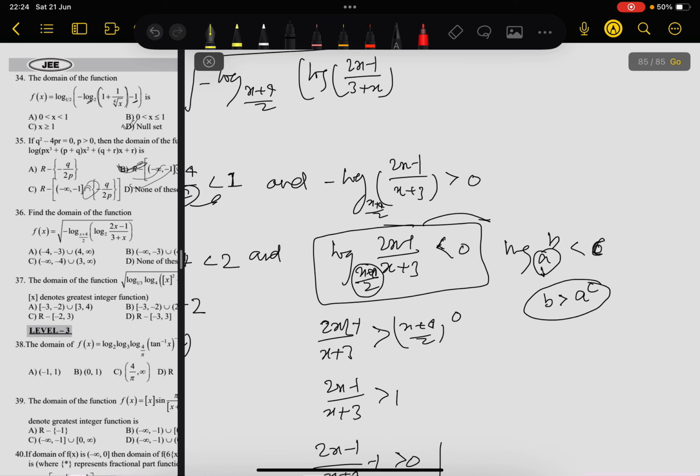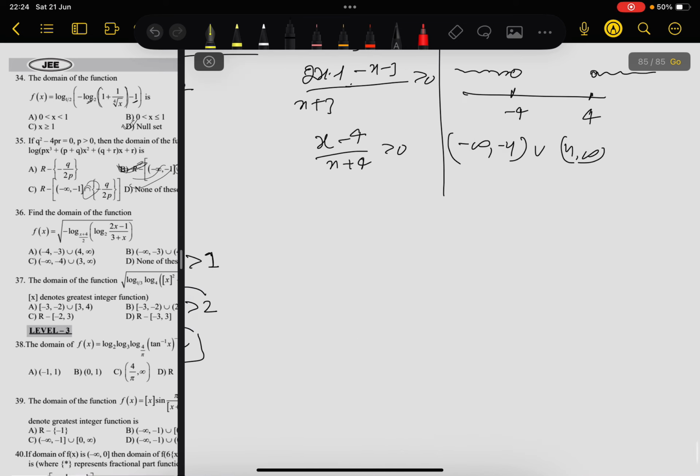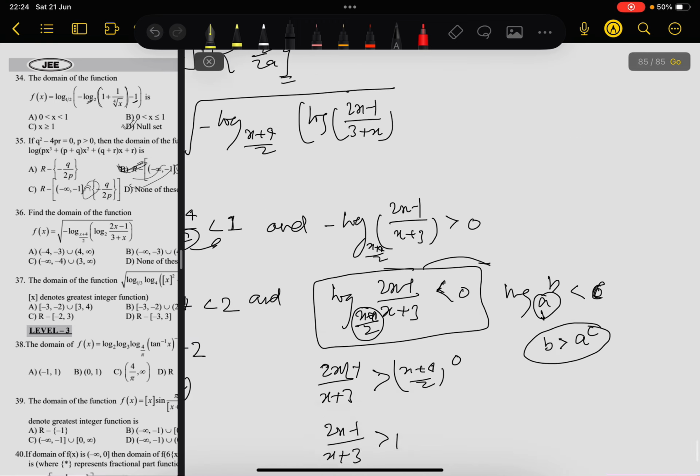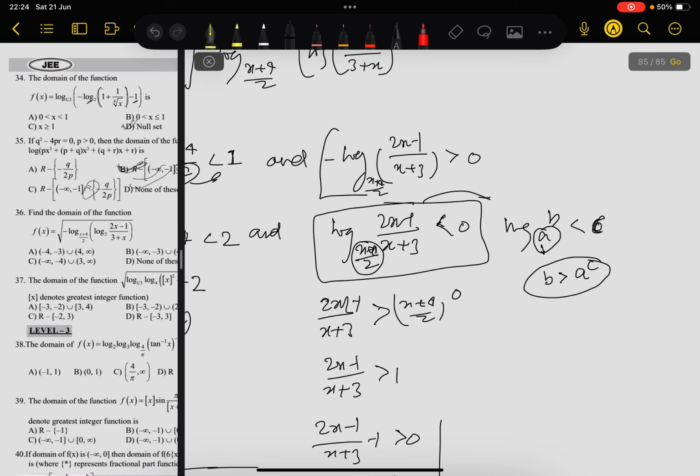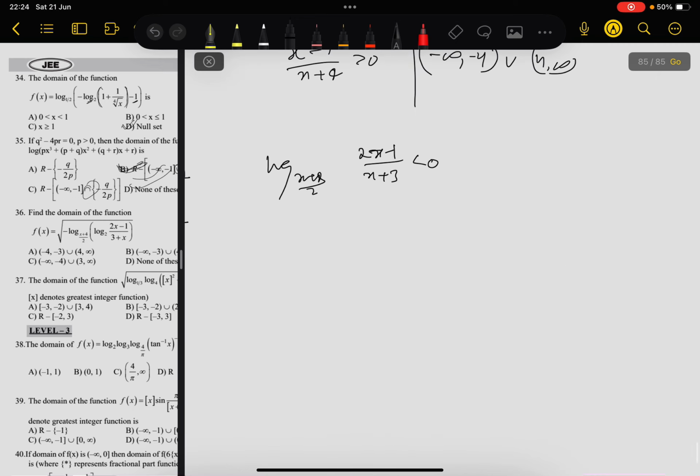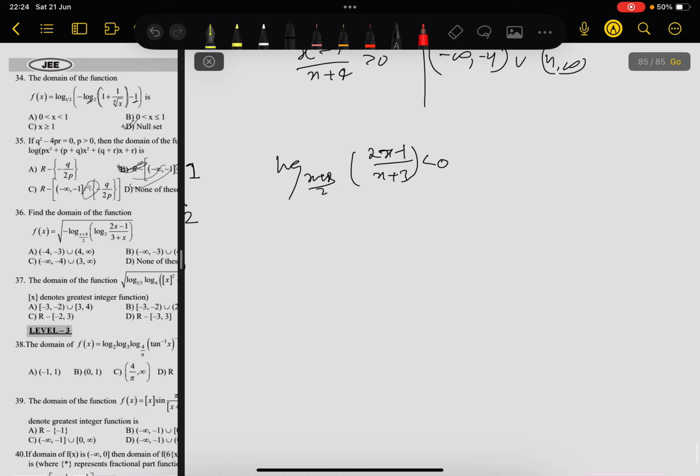So 2x minus log of x plus 4 by 2, 2x minus 1 divided by x plus 3, this should be less than 0. I am just picking the same expression from here and we are following the same condition.